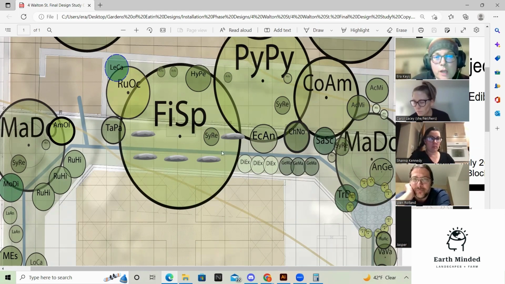All of these boulders around here are thermal mass. And the client specifically asked for an outdoor altar space. We made that underneath the fig. What we did is a circle of boulders, and then instead of mulch, we did gravel.